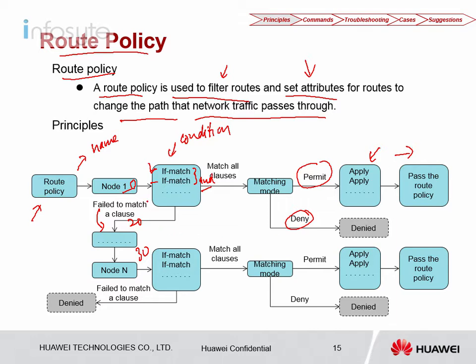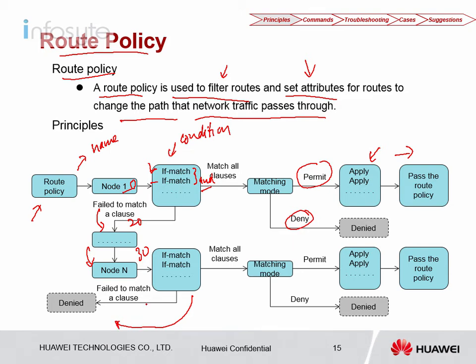If the first node is not matched, then you will move on to the second node, and so on. If you move to the last node, again, it's going to use the same process to do the matching and the applying. If this is the last node in your route policy and none match, then automatically you'll go into the deny.